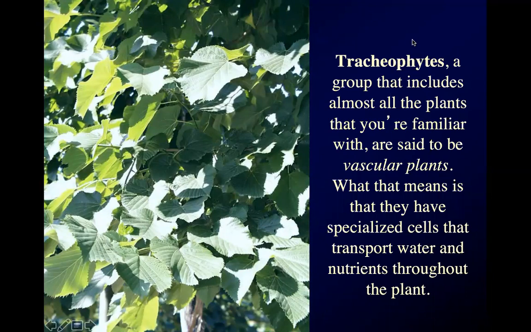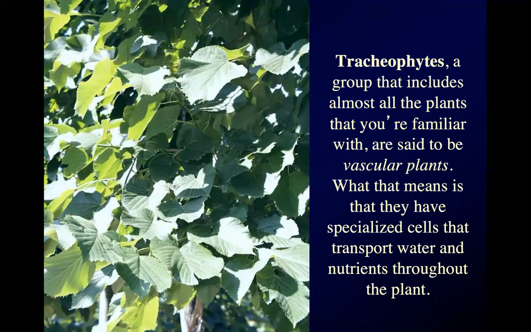Vascular plants are said to be tracheophytes. That's the same word as trachea. Your trachea is the pipe that carries air from your mouth down towards your lungs. Trachea in the case of plants. Phyto means plant, by the way, and trachea refers to the vessels that carry water through all parts of the plant.